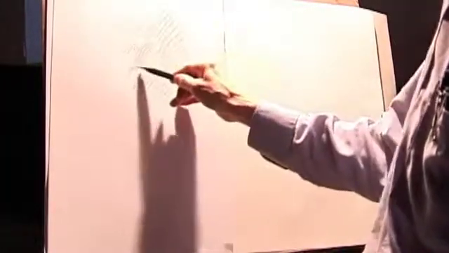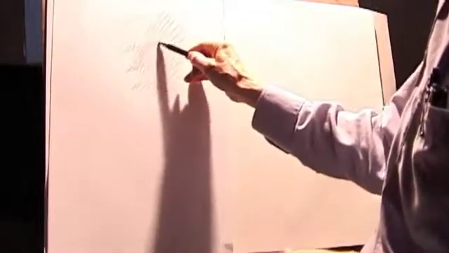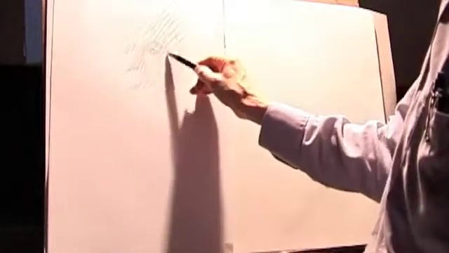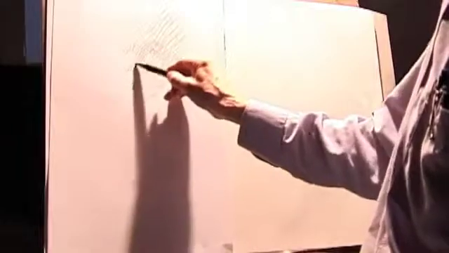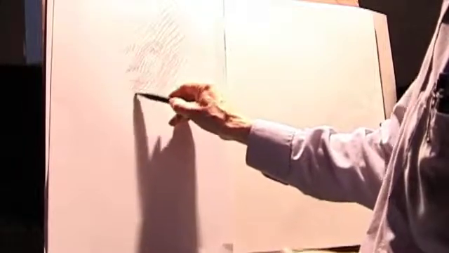And one of the marvellous things about using hatching is that you don't have to make a decision too soon. One of the problems of draftsmen, always young draftsmen, is you try to do too much too soon. You try to come up to a finished drawing almost immediately, like I'm trying to do now.